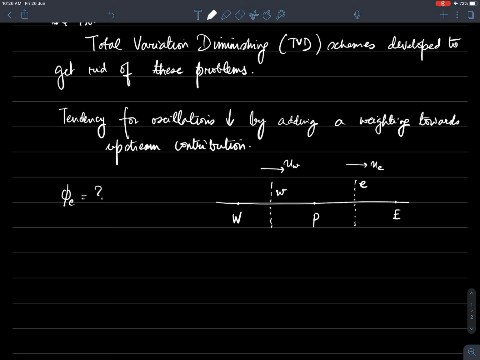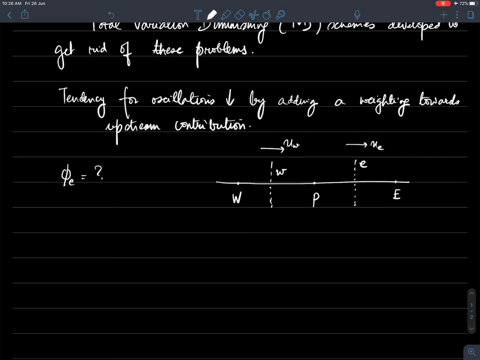In fact, this is the whole principle of all the other schemes that we've been doing so far, that we wanted to get the function values at the interface or at the cell faces. So TVD uses a generalization of the form that we can write.